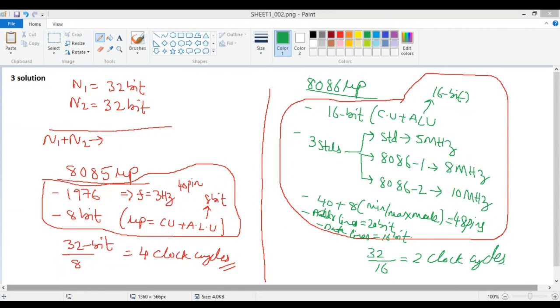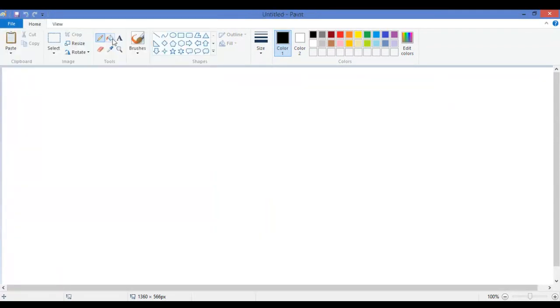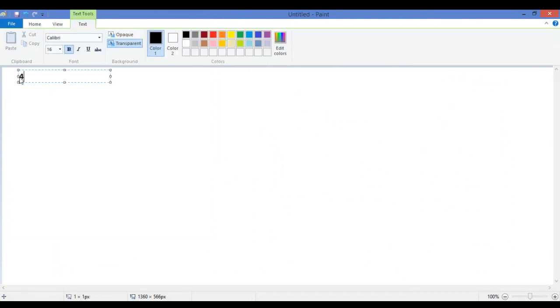So I will go for the next problem, which is the fourth solution. Let us save this. Let us solve the fourth solution.